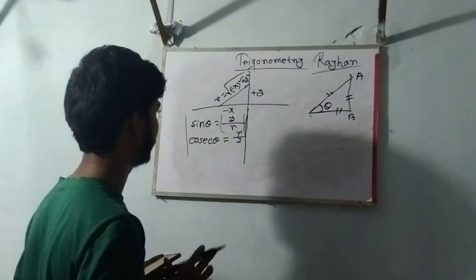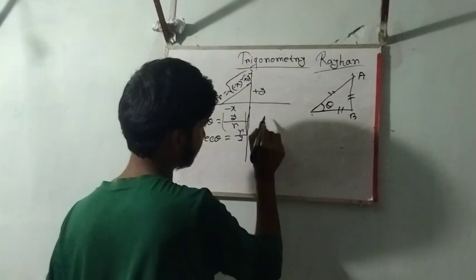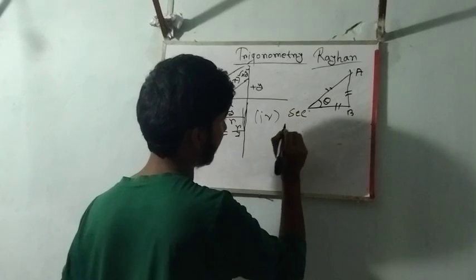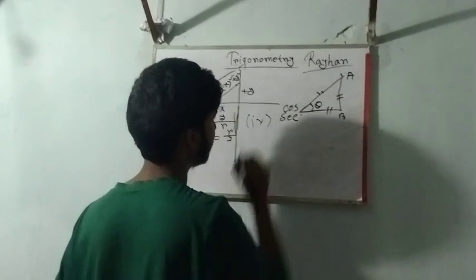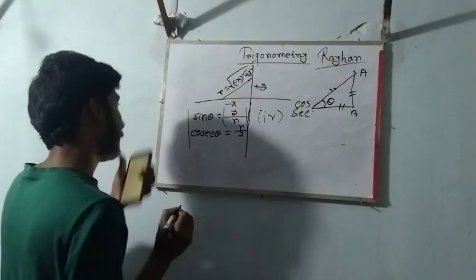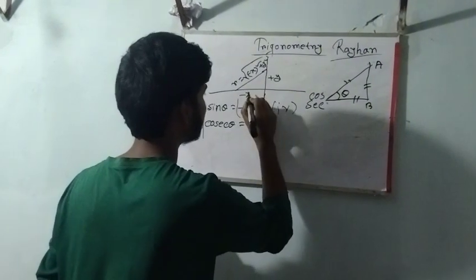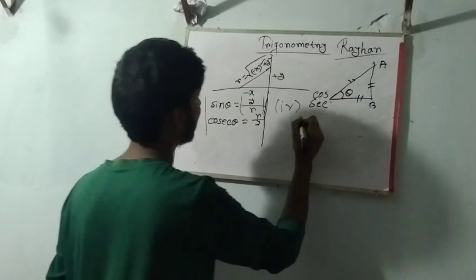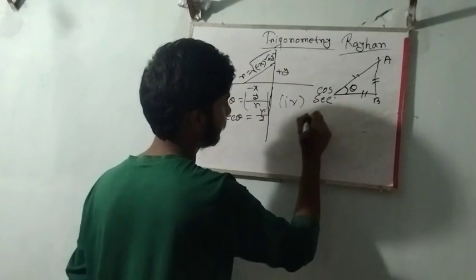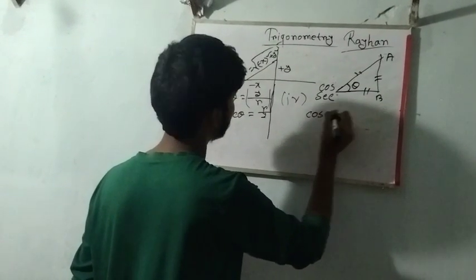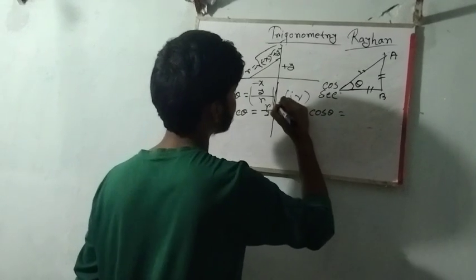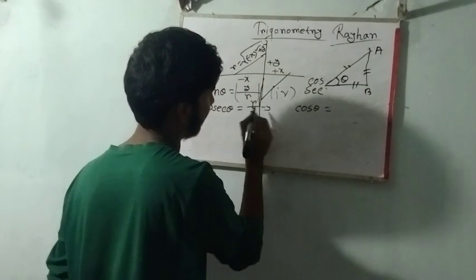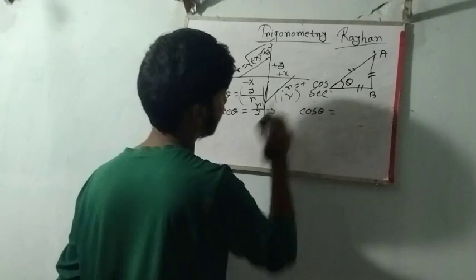And if we think about the fourth quadrant, there sec and cos are positive. Cos means base divided by hypotenuse. So cos theta equals to, here x is positive, y is negative, and r is always positive.